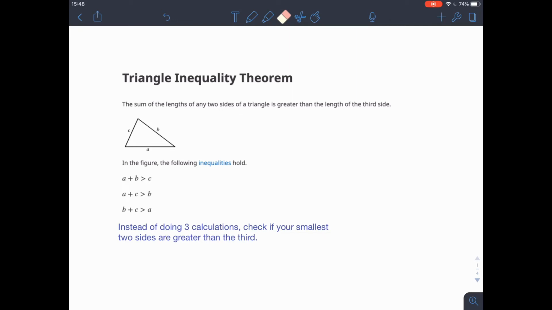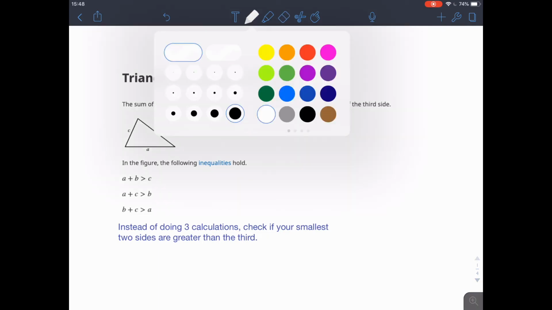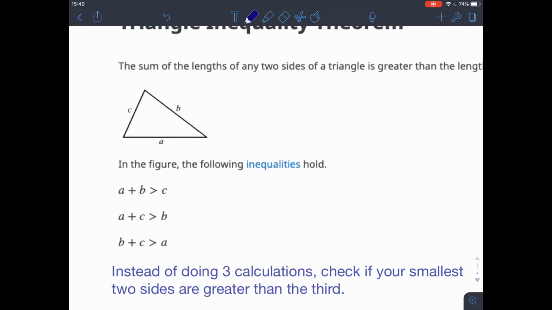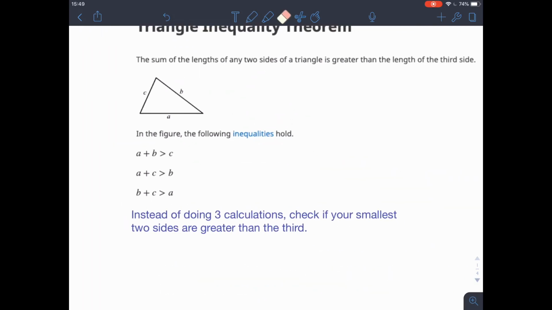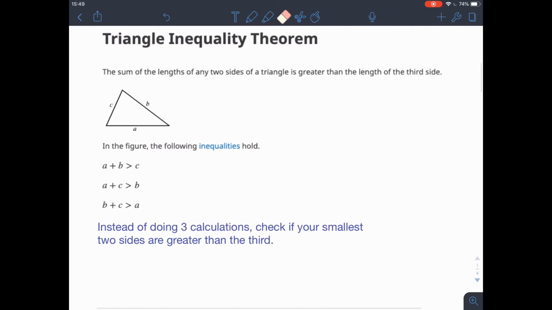And that makes a lot of sense, because if I have 2 sides that are smaller, say I had A here and I had 2 shorter sides, when I'd go to try to reach them, they wouldn't quite reach across. And if they were exactly the same length as that longer side, A, then all that they would end up doing is meeting somewhere in the middle there and just making a line on top of a line, not a triangle. So 2 sides must be larger than the third.